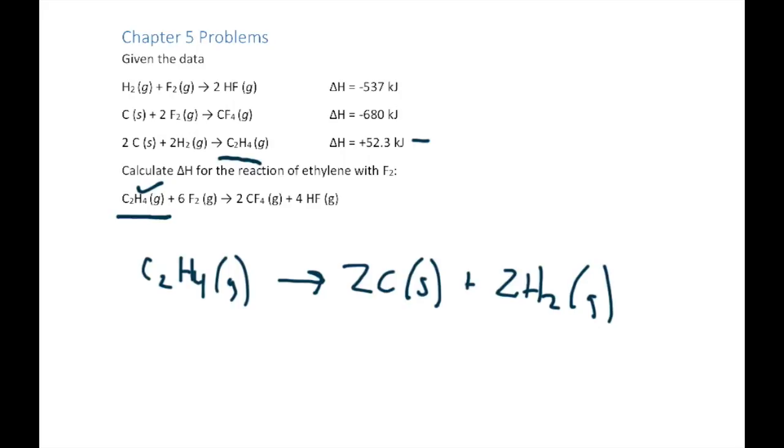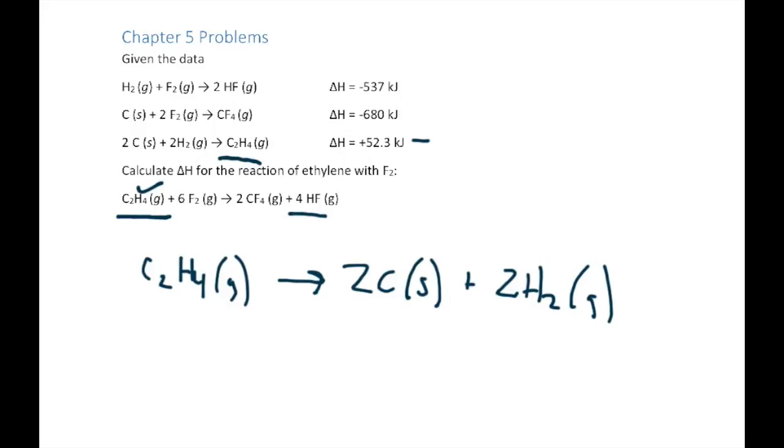So let's look at our next reaction. We look at the HF, the hydrofluoric acid, and we notice there are four in the overall reaction, four on the product side. Looking at our component reaction, the HF is on the correct side, it is a product.